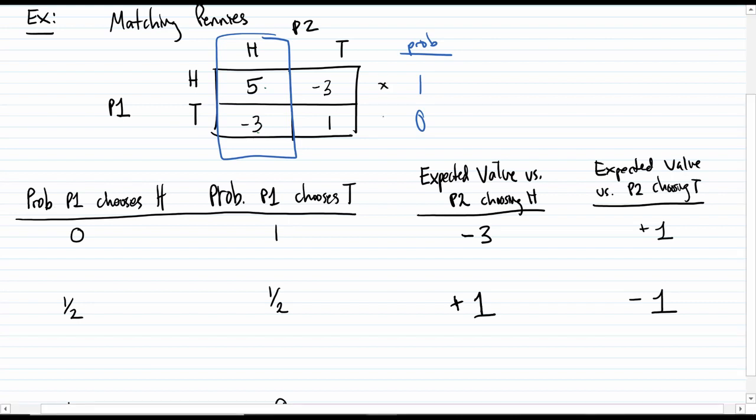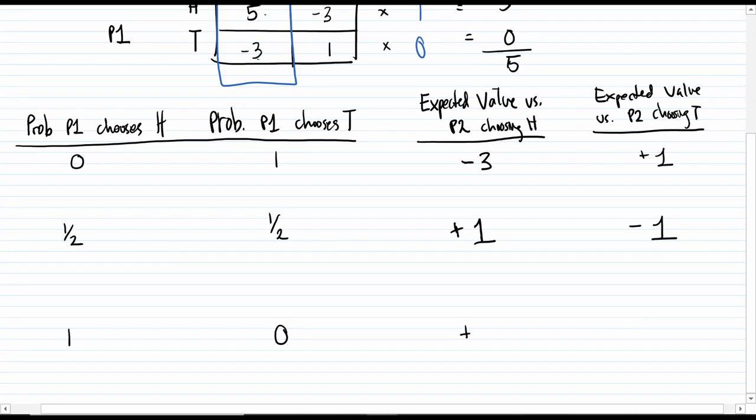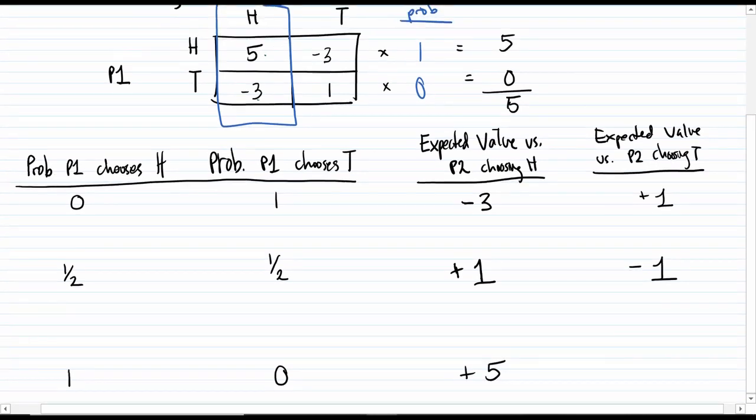Then I'm going to multiply across. 5 times 1 is 5. -3 times 0 is 0. And so my expected value is +5. Well, again, that was kind of obvious because I know I'm always in this first row, and so the intersection is going to be 5. Nothing really brilliant right there.